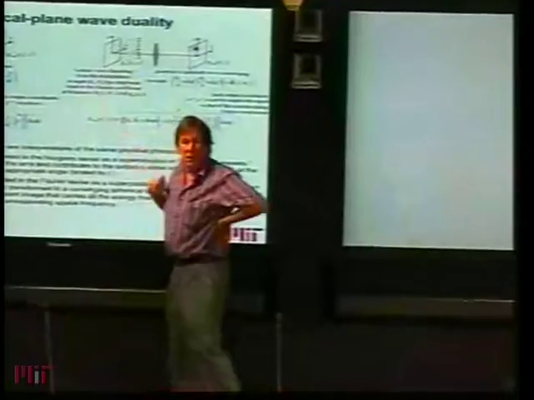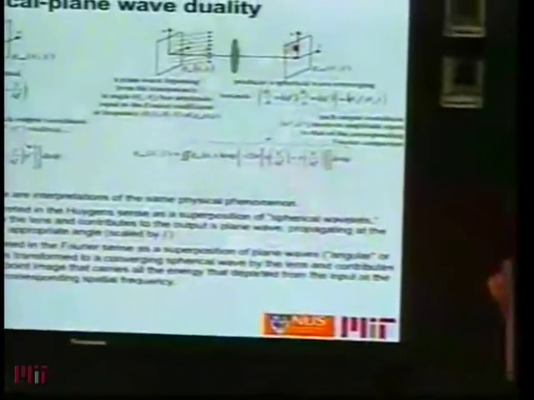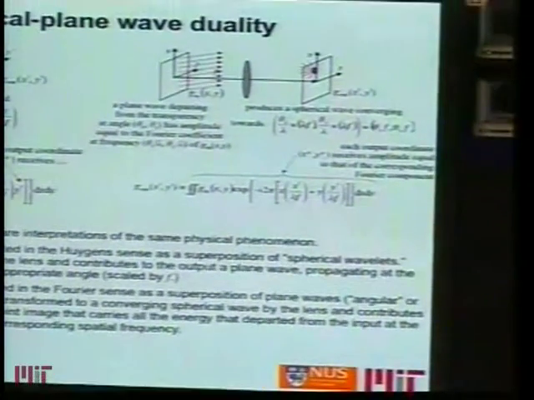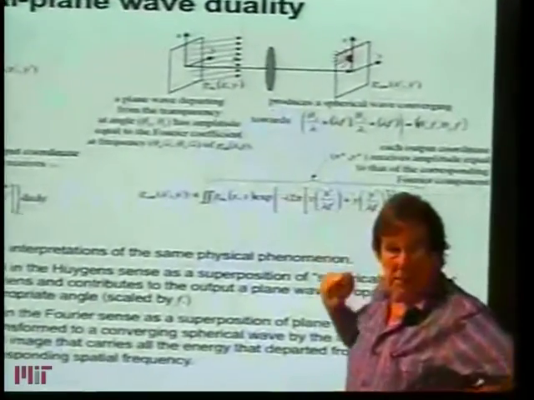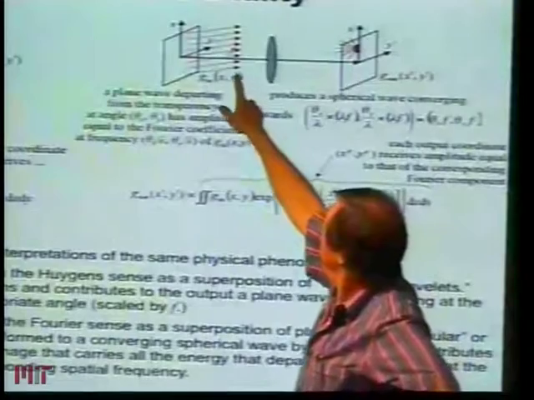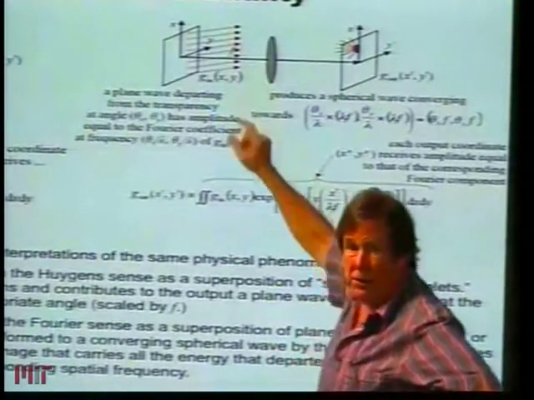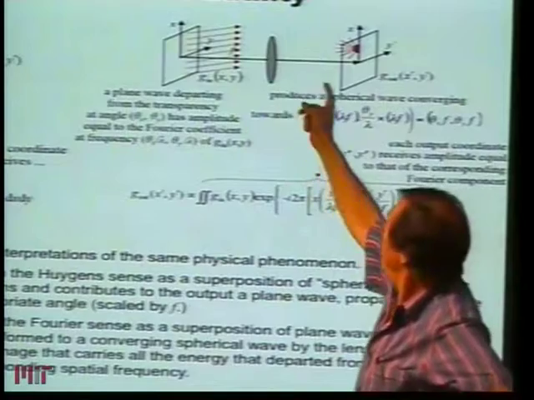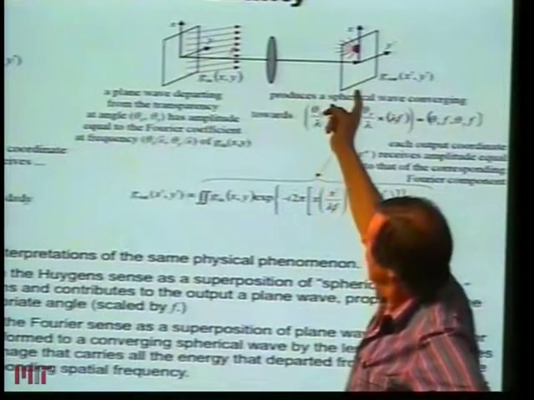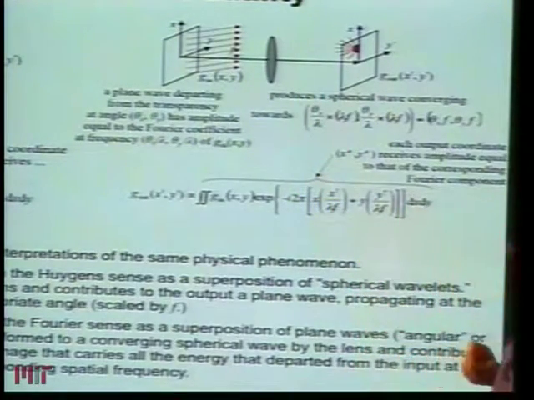So this shows the angular spectrum of the diffraction of the light given by the transparency, and then the lens collects these different plane wave components, all of them are going to be converted into a spherical converging wave that converges a distance f away. It doesn't say f, but this must be f.